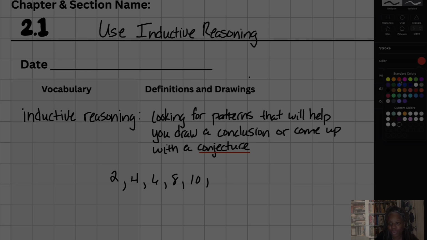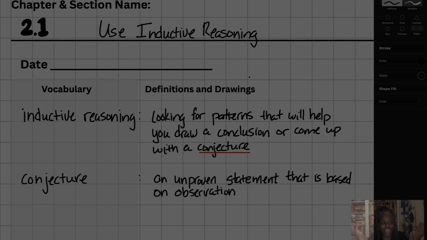If you said 12, you would be making a conjecture that I'm either choosing even numbers or I'm skipping every other number. Both conjectures are just your idea that you have given the fact that you looked at a pattern of behavior for me, calling on all these even numbers. Does that make sense?